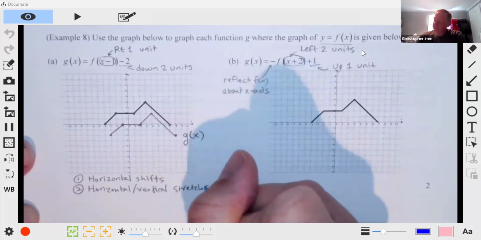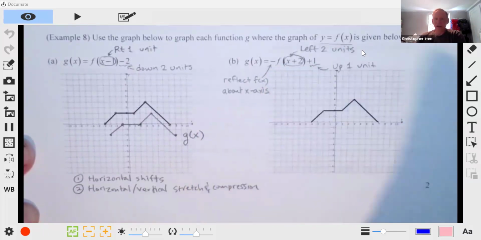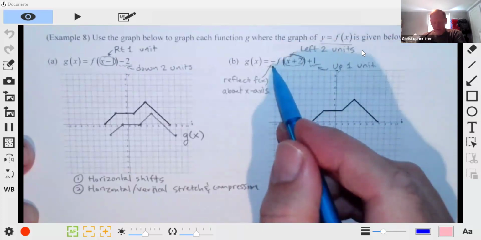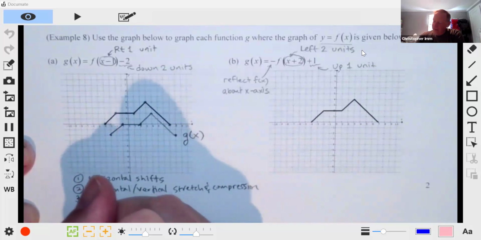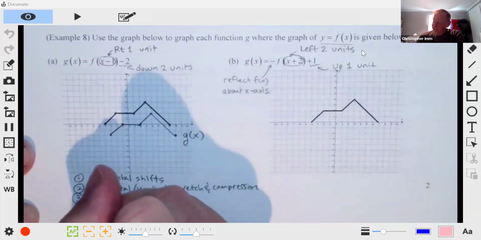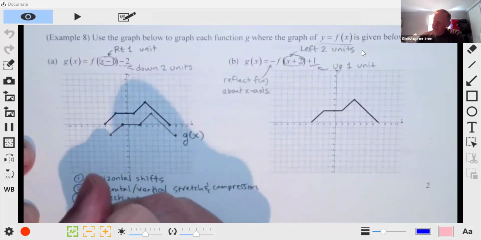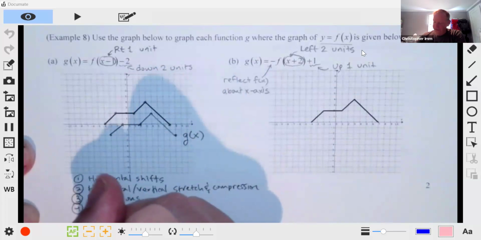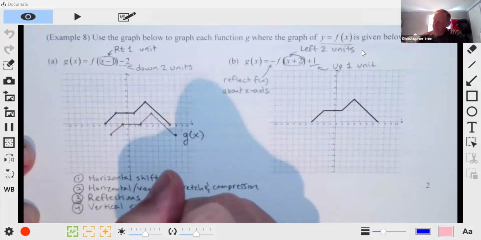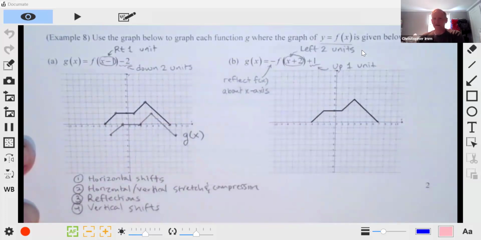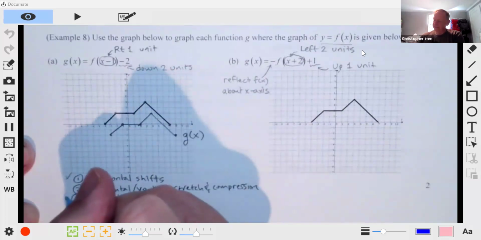Neither one of these has that. Although this one has a negative, so that's what we're going to get to next. If we do have any reflections, we're going to do those third. And finally, fourth would be vertical shifts. So in our second graph here, we have a horizontal shift we'll do first, we'll reflect, and then we'll do our vertical shift.